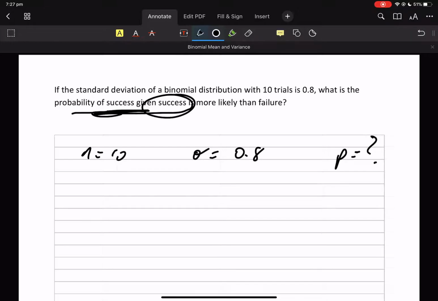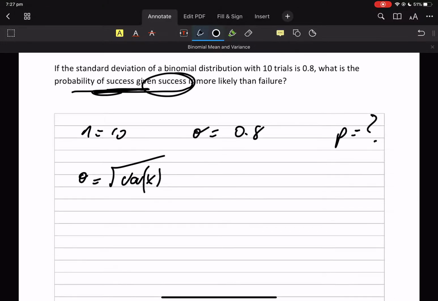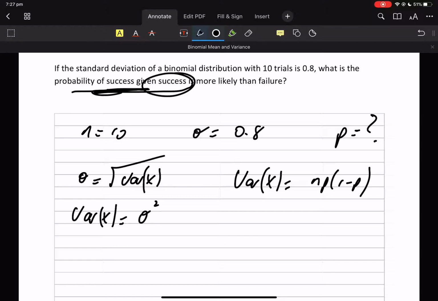Well, sigma equals that, and so there we go, the variance of X will be sigma squared, and I know also np(1 - p), so we can just go.